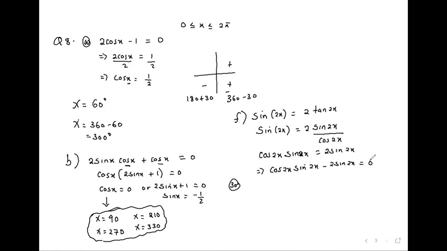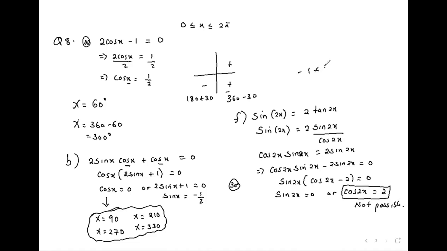And then factor out sin 2x, then we will have sin 2x times (2 cos 2x minus 1) is 0. So we have sin 2x is 0 or cos 2x is 1/2. Remember, sine and cos are only between minus 1 and 1, and cannot be beyond those numbers.